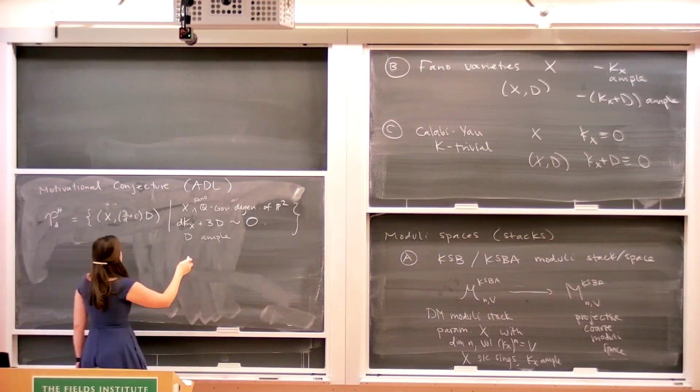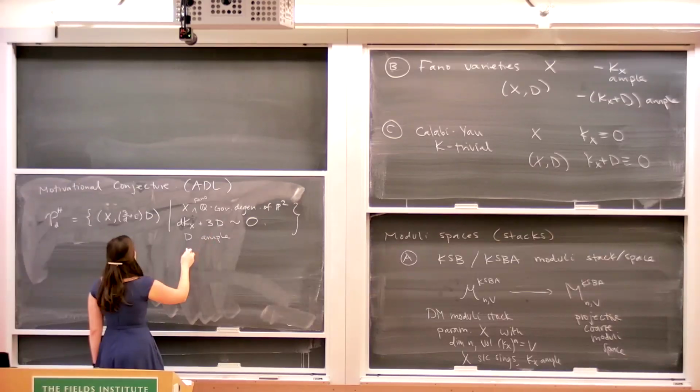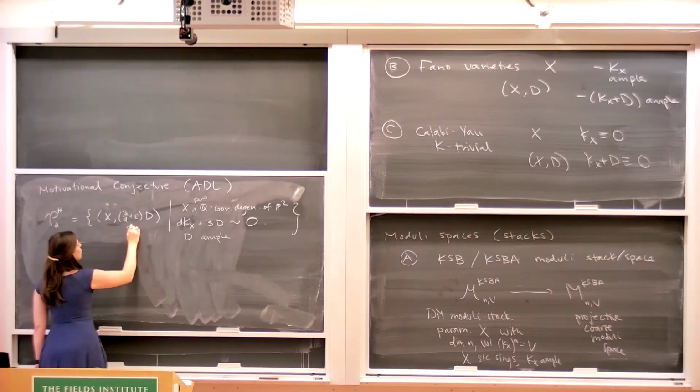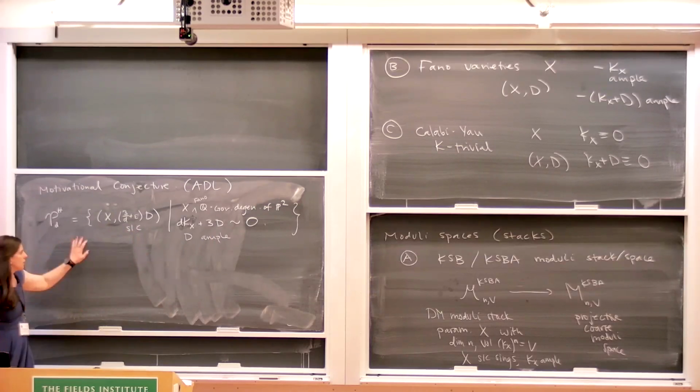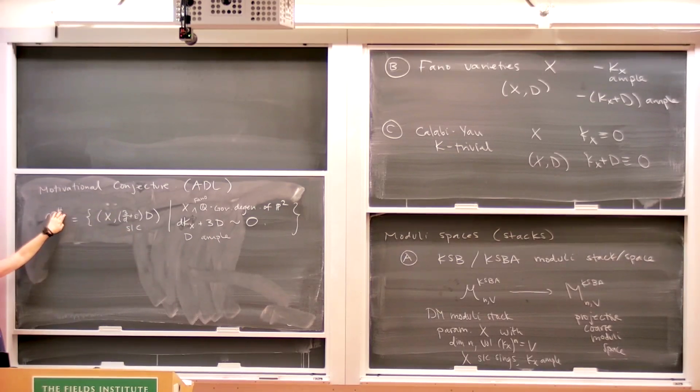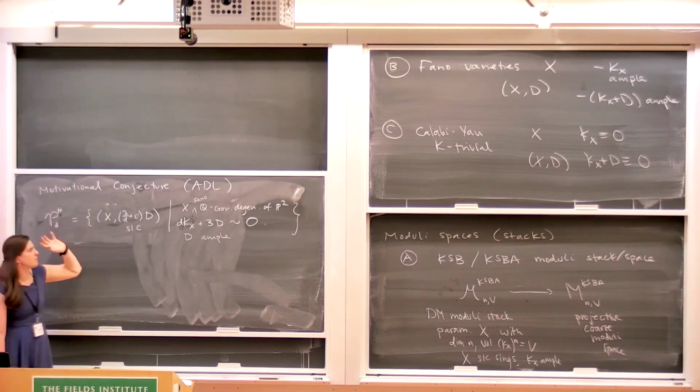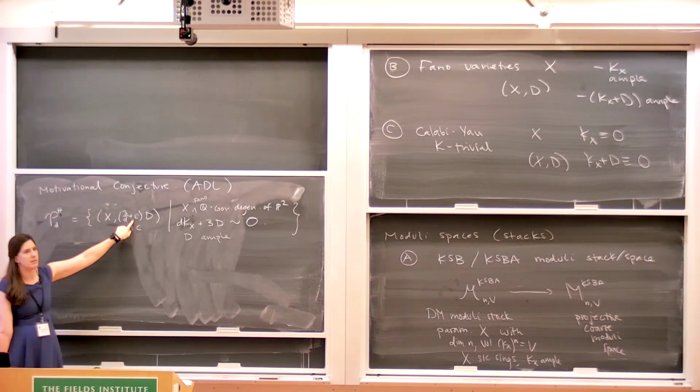Oh, and I didn't put the stability condition. The stability condition is that this pair is SLC with this coefficient ε. So P^H_d is a stack of these objects. The H stands for either Hassett, who did this in degree 4, or Hacking, who did this in all degrees, which proves several things. One, this is independent of ε for all ε sufficiently small. So I didn't define ε for a reason. I didn't need to.